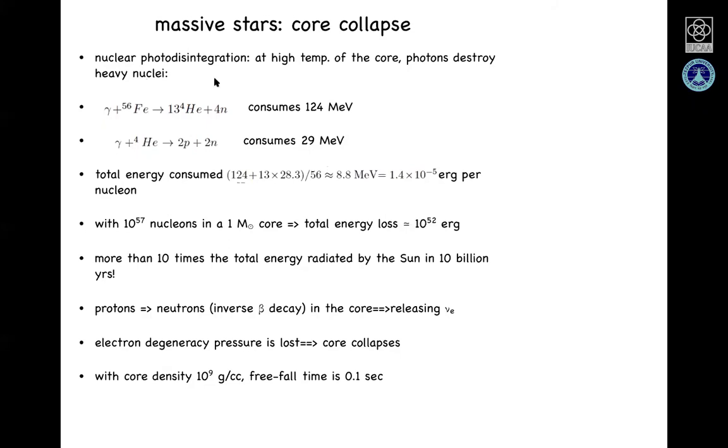So at the very high temperature of the core, photons start destroying the heavy nuclei. And these are some examples. For example, photons destroy the iron nuclei it has just produced into, say, helium. Each of these reactions consumes about 124 MeV, then even the helium nuclei are destroyed back to protons, and each of these reactions will consume about 29 MeV.